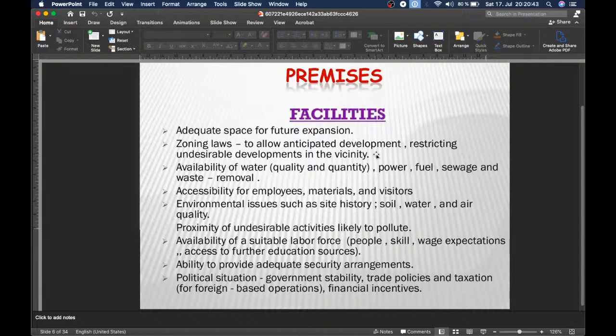Availability of water, how much quality and quantity, power, fuel, sewage, and waste removal. It's very important how you're going to remove your waste and sewage, because most of the industry in India especially doesn't have a good effective way of removing the waste, because a lot of money is required for that.